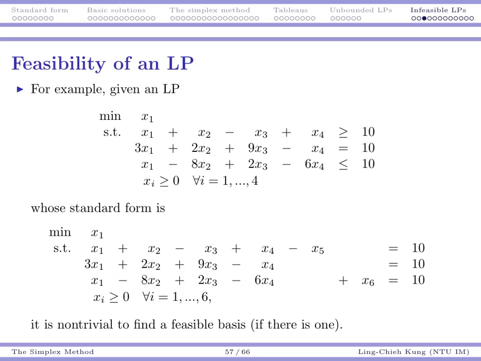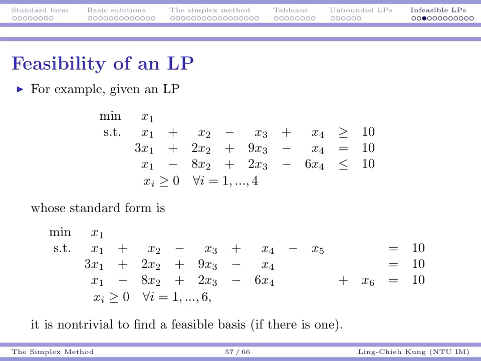For example, given a linear program like this, with some equality constraints and some greater than or equal to constraints, according to our standard way to get a standard form, for the second constraint we don't need to do anything. For the first constraint, we need to subtract a slack variable.